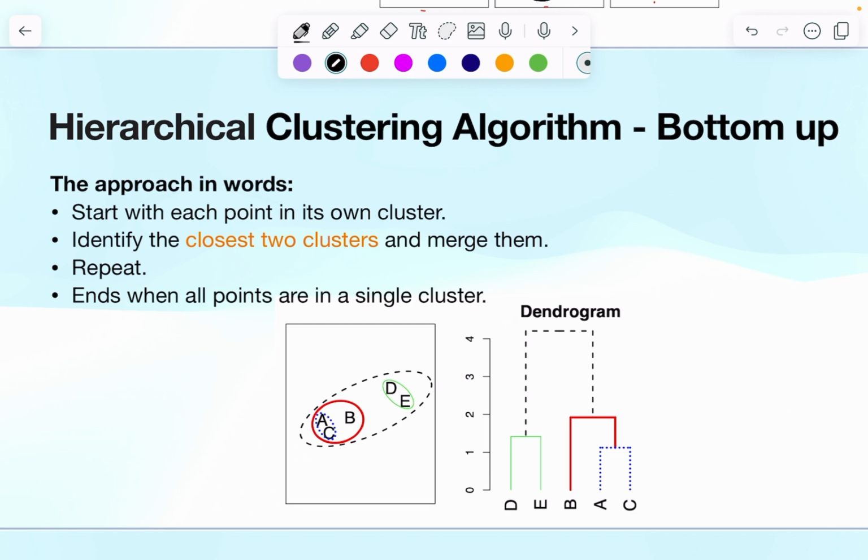And we find AC and B are the closest one, so we merge these 2. And then we finally get the dendrogram like this: AC, DE, and B and AC. We will stop this algorithm when all points are in a single cluster.